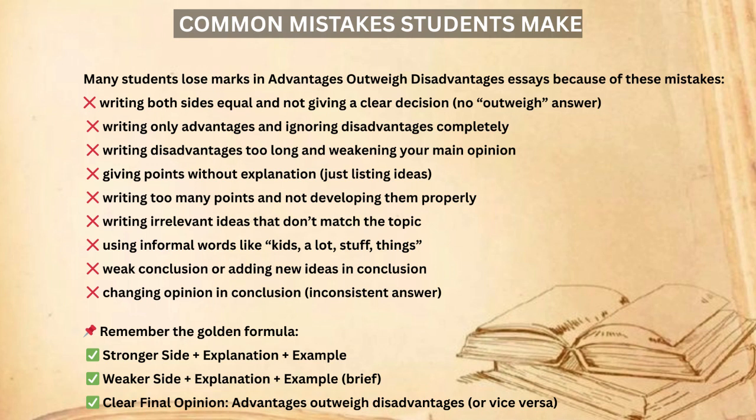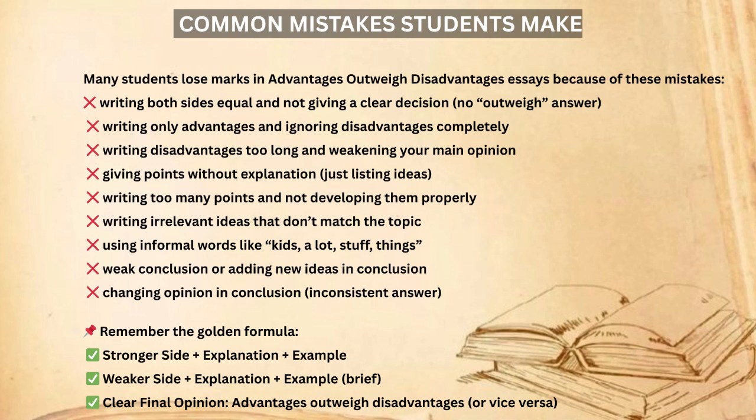Another common mistake is giving a point without explanation, just listing ideas, or writing too many points without developing them properly. Some students write irrelevant ideas that don't match the topic, or use informal words like kids, a lot, stuff, and things.